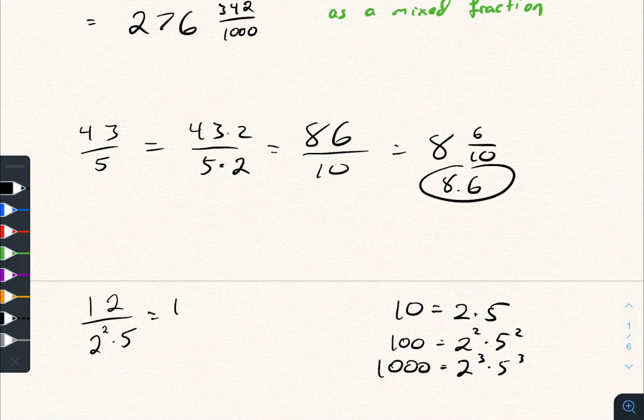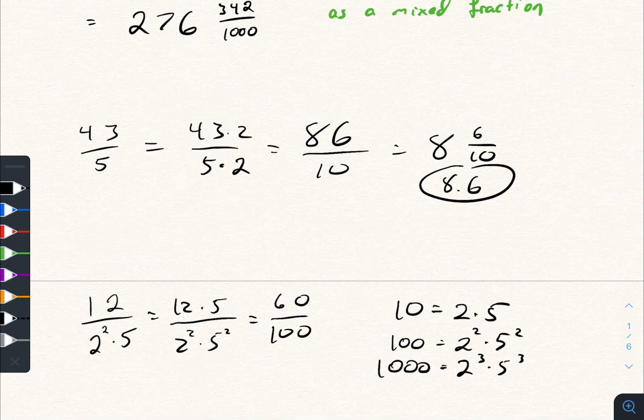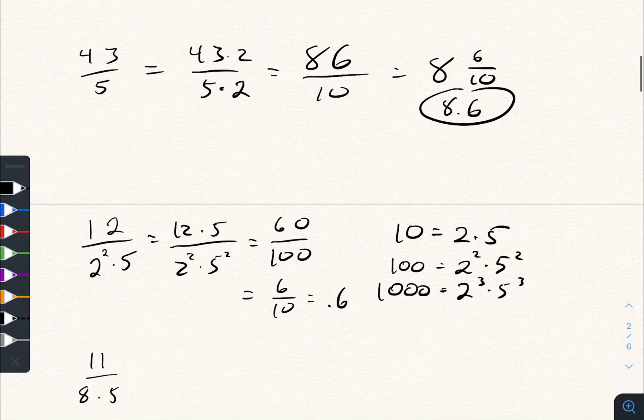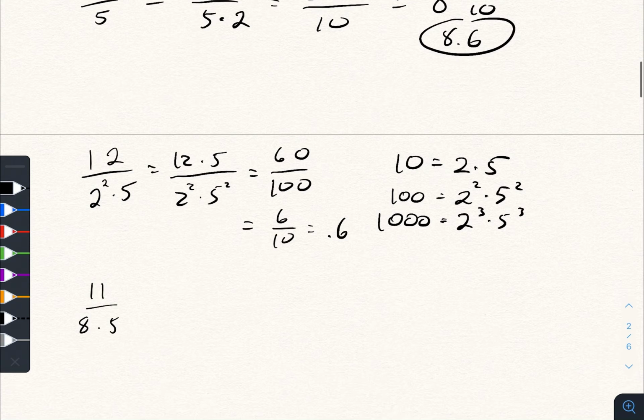So we need to multiply the numerator and denominator by 5, and then we'll get 2 squared times 5 squared in our denominator. So I'll get 60 out of 100. You could simplify this to just 6/10 or 0.6. So 6/10 right here, that is our representation as a decimal.